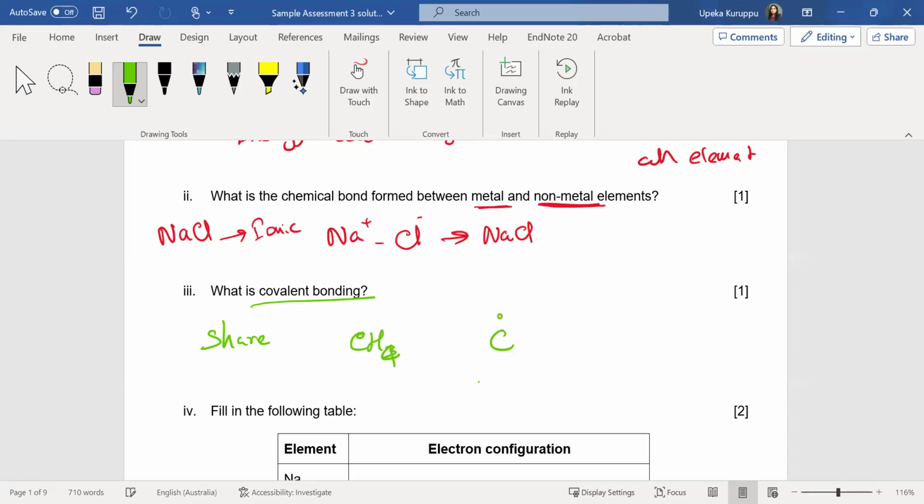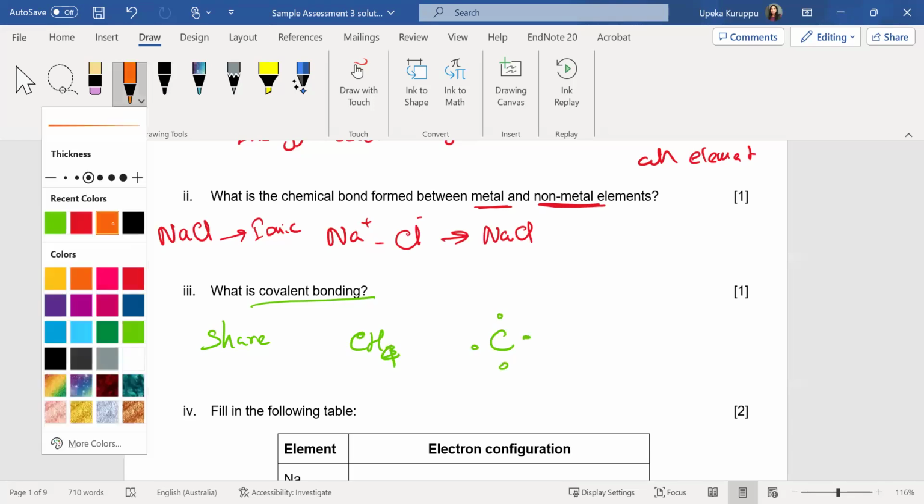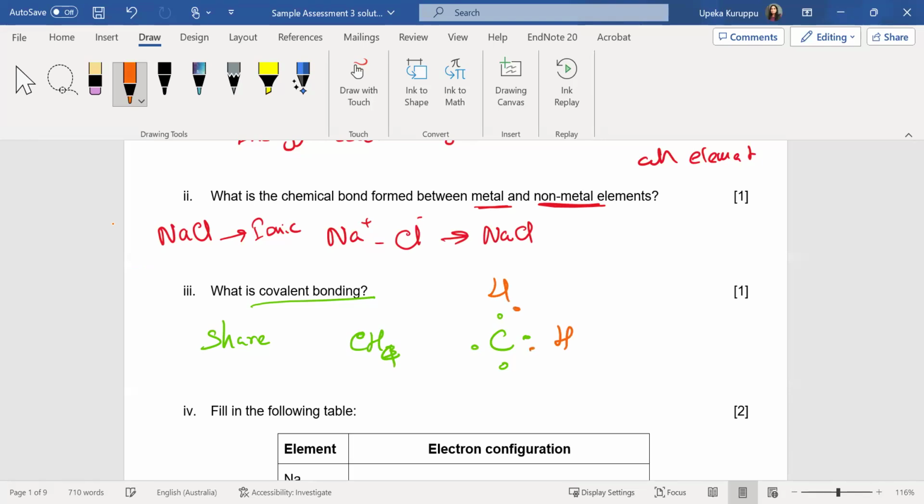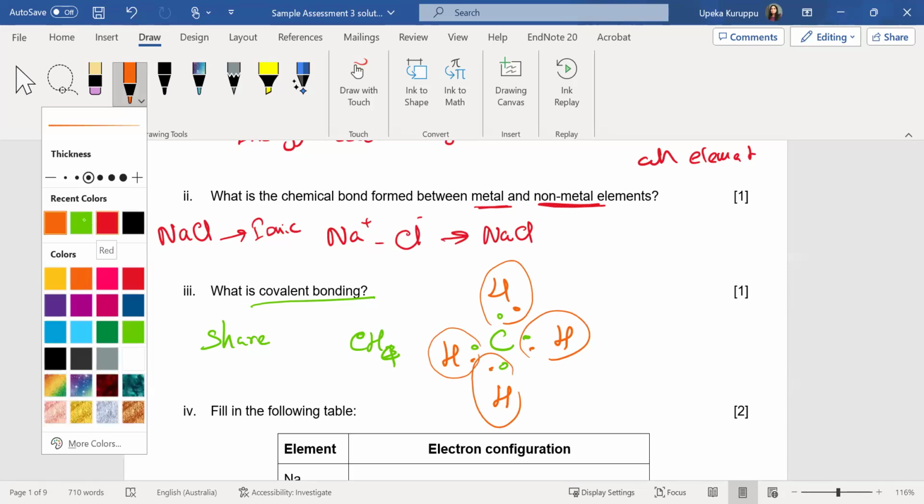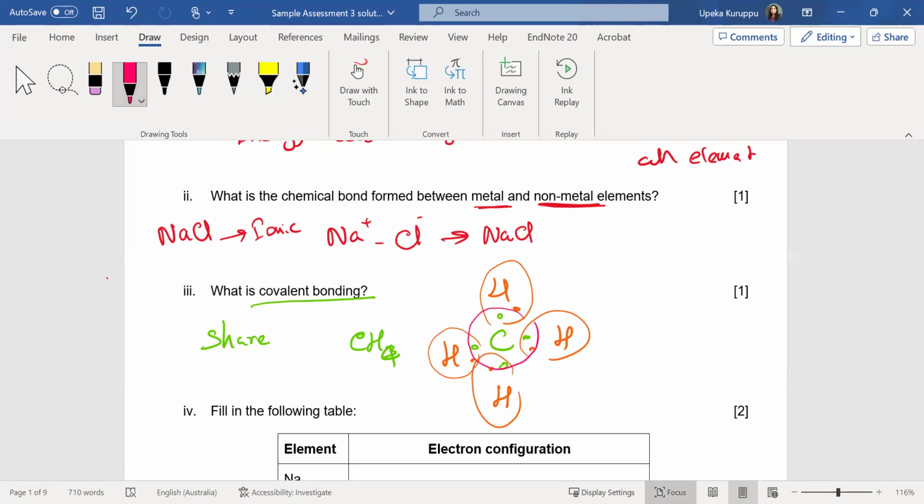Carbon has 4 electrons at the outermost shell and hydrogen has 1 electron. So carbon and hydrogen will share electrons, so hydrogen is stable and carbon is also stable with 8 electrons by sharing with the hydrogen. This kind of bond, formed by sharing electrons, we call a covalent bond.